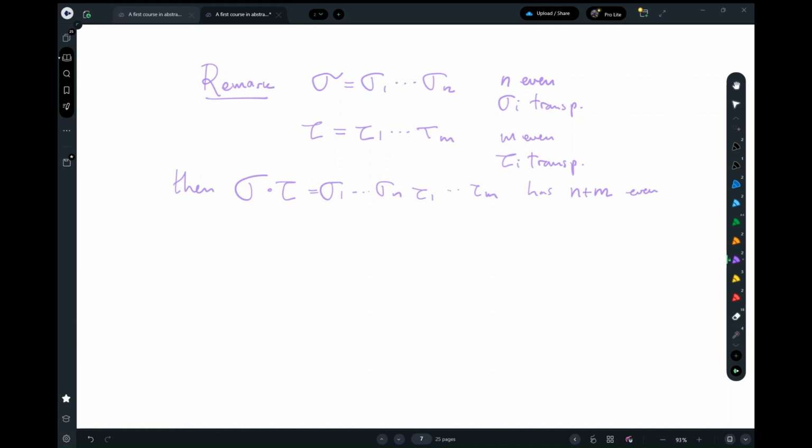And therefore, this tells me that there is some closure under these operations of products as long as we have an even number of transpositions in both cases.